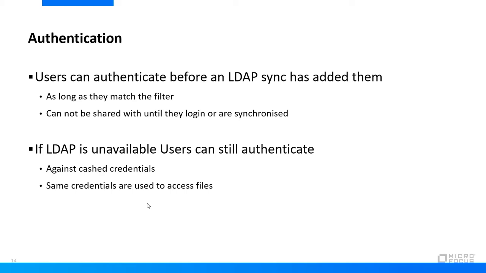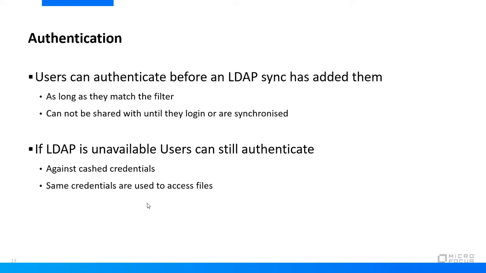But of course, if I want to share something with them, I'm not going to be able to share something until they've logged in to create their account and I'll be able to see them, or they've been synchronized from LDAP.